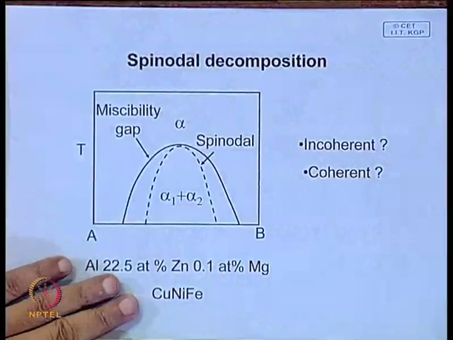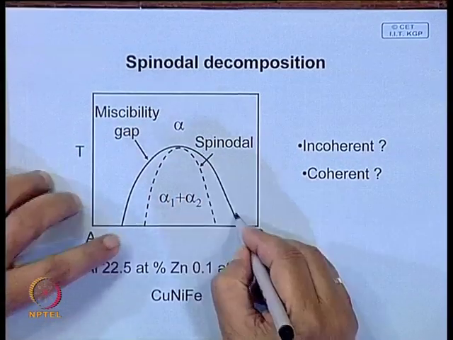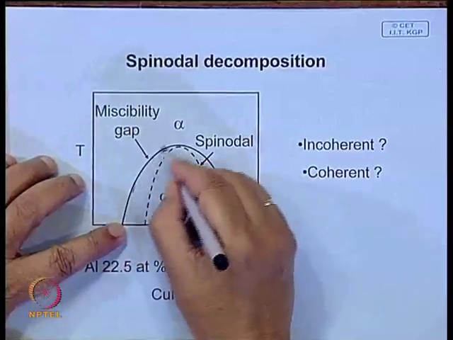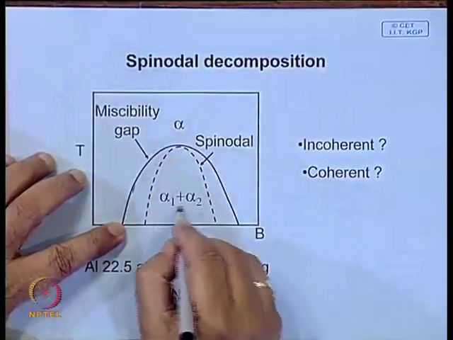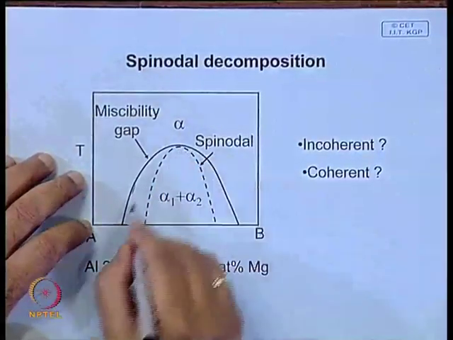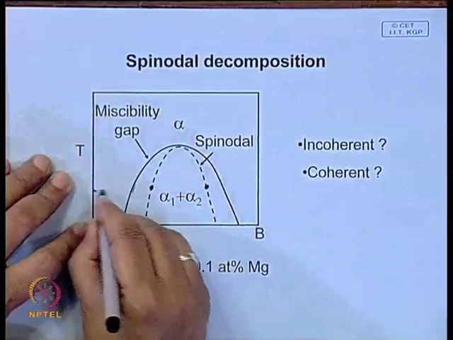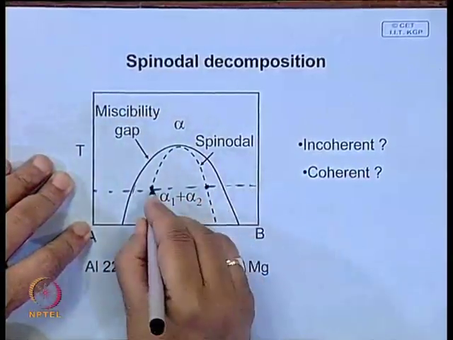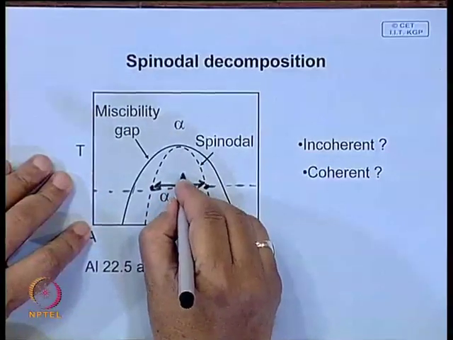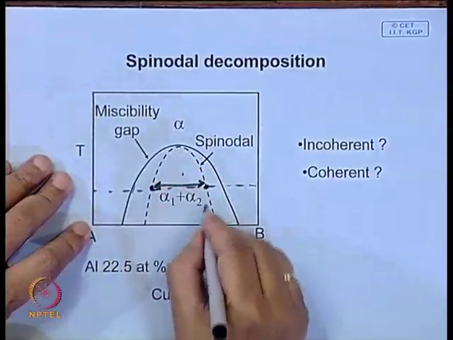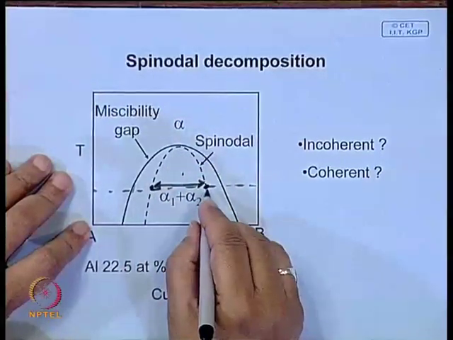So, if you have an alloy system, this is the spinodal, this is the solvus curve, and here you have these two types of precipitation. This is the spinodal point at a particular temperature. Within this, small fluctuations are stable, so you can have homogeneous precipitation, uniform distribution of precipitate.